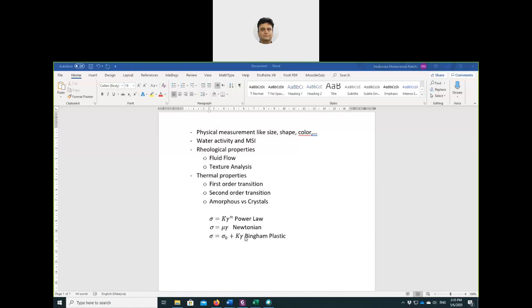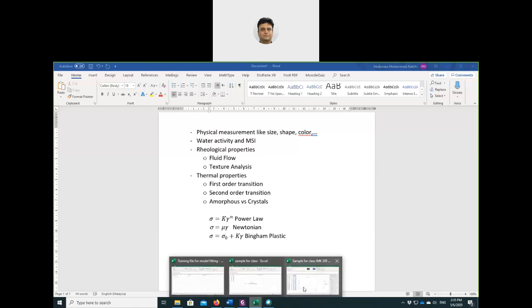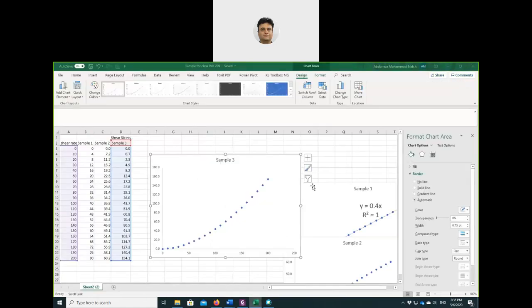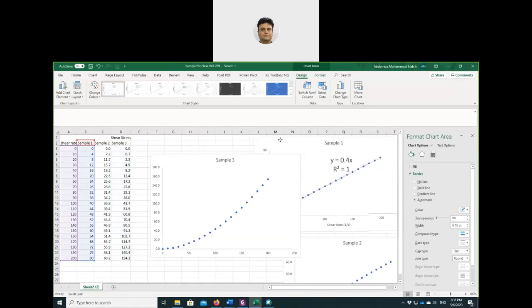So here we have these three different models.